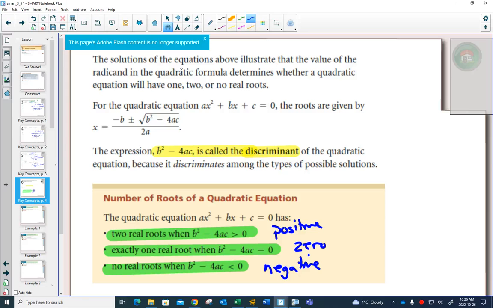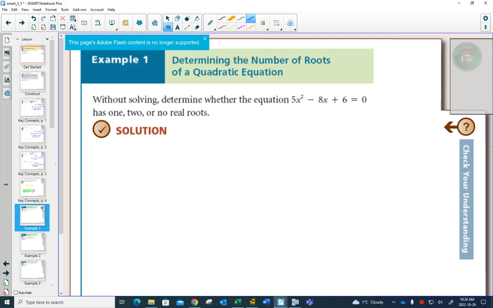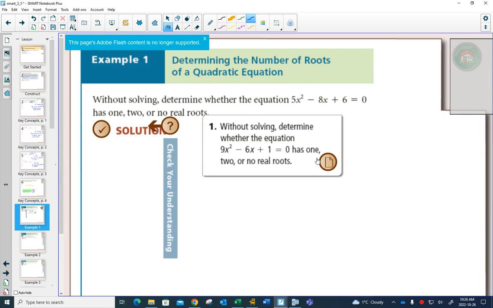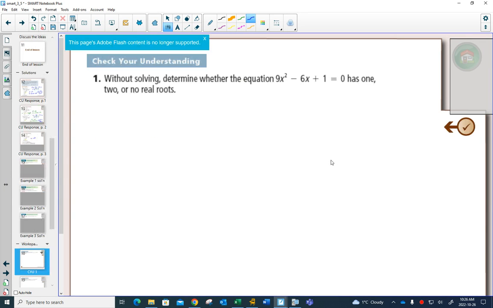And with that introduction, we can now go to example 1 and see what kind of questions are discriminant questions and how to, well, like there's hints in questions telling you, hey, you should use this kind of idea.